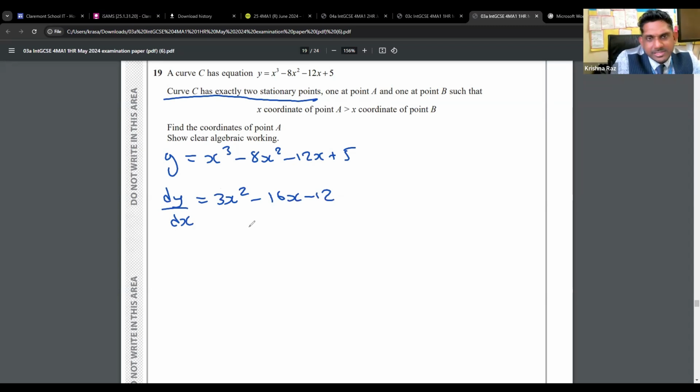Now I want to know where that's a stationary point, so I set that result equal to 0 and solve it. So I need to solve this.